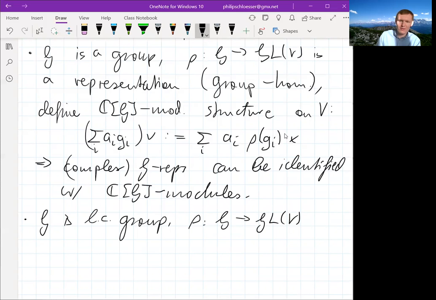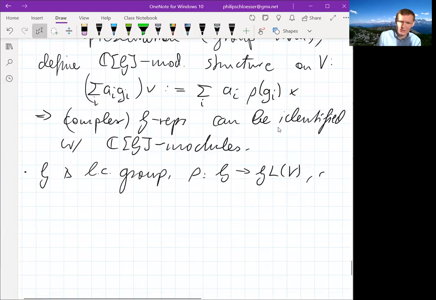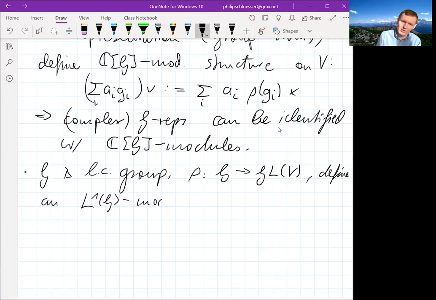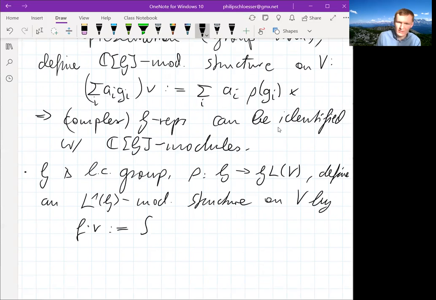Then we can define an L1(G) module structure on V by having f times v be the integral of f(x) rho(x) v d mu(x).